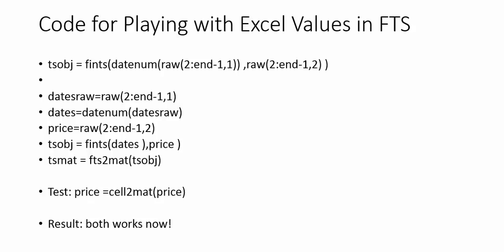Once we are done, we can use the financial time series to get this data into a financial time series object. We can do that with the fints command, which would help us bring in all the data. Now there is sometimes a trouble here. Sometimes the data is in cell format, because when you bring it from Excel, those are cells.